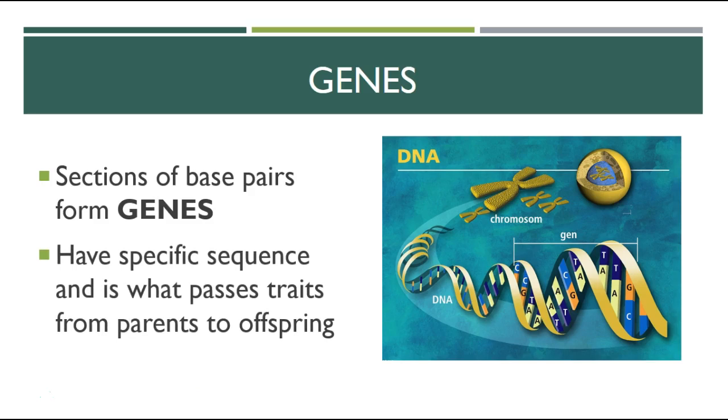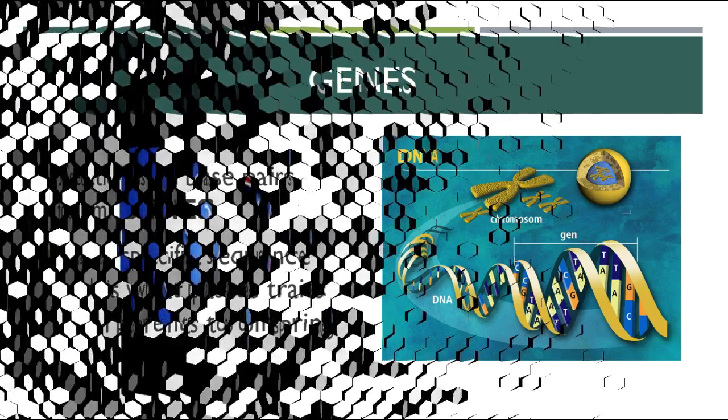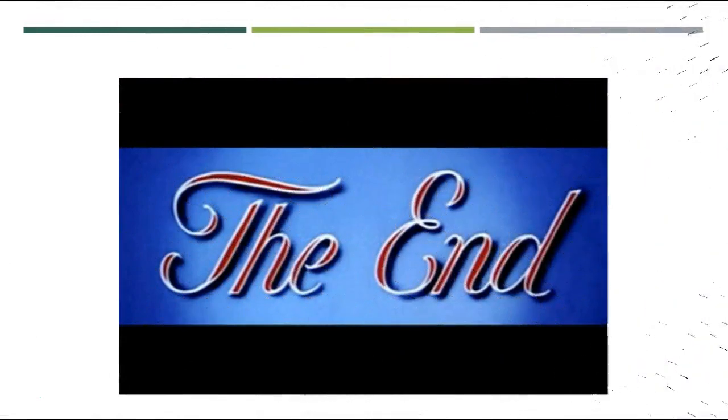And they have a very specific sequence. And each of those genes are what passes traits from offspring. Each gene codes for a trait that gets passed from parent to offspring.